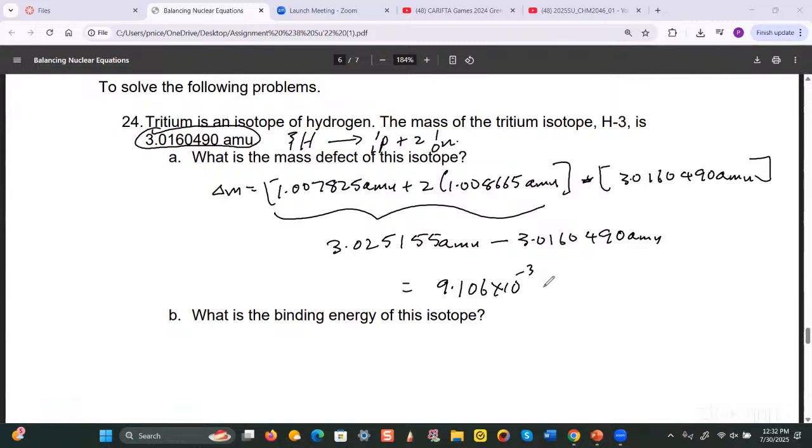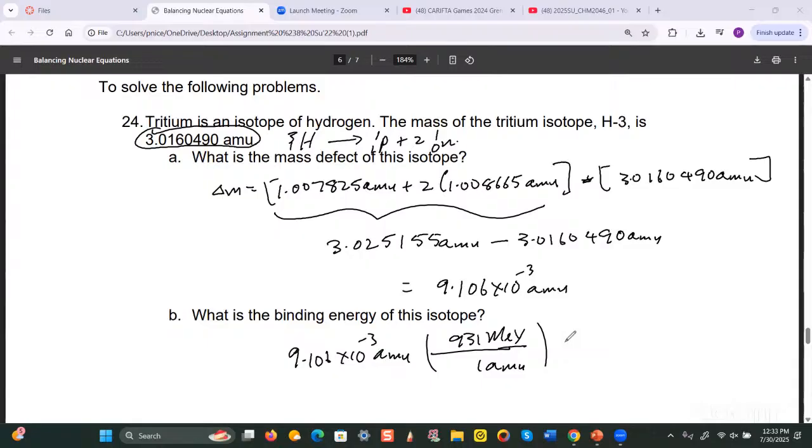Yeah, but then you convert it to the mega electron volts. Oh, okay, all right. So we got that, yeah. So what you're saying is that what you just said is the answer to this question right here. Exactly, so basically to get the binding energy, that's where you multiply the 9.106 times 10 to the minus 3 AMU by 931 mega electron volts over 1 AMU.